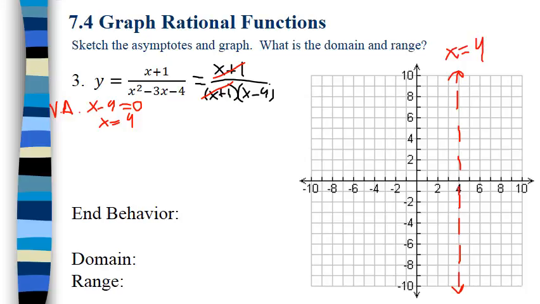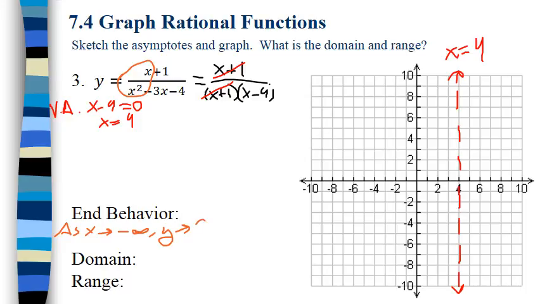And then we look to our leading terms and our coefficients to determine if we have a horizontal asymptote, right? So it's bigger on the bottom, which means as x goes to negative infinity, y is going to go to 0, because we're going to have a small number over a really, really big number.